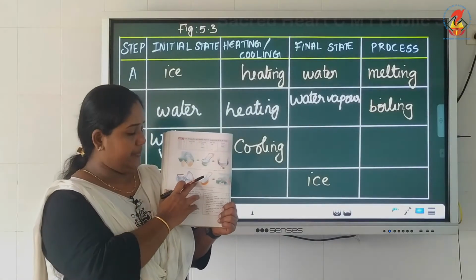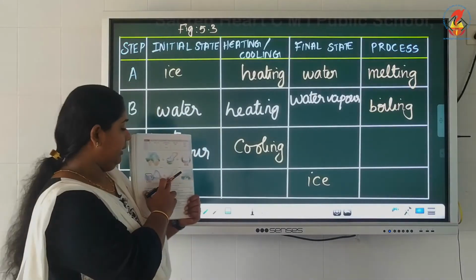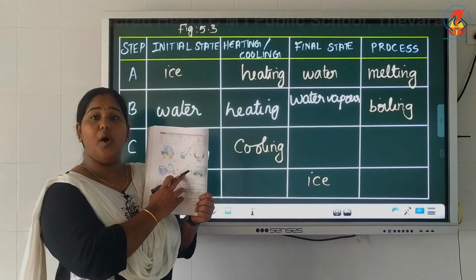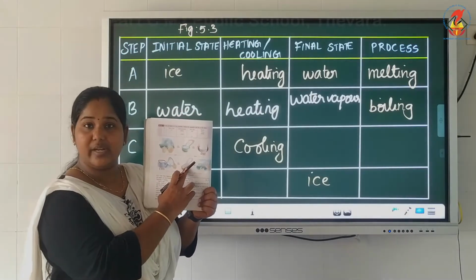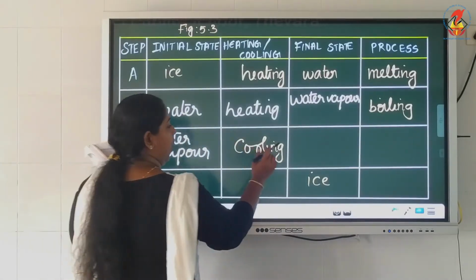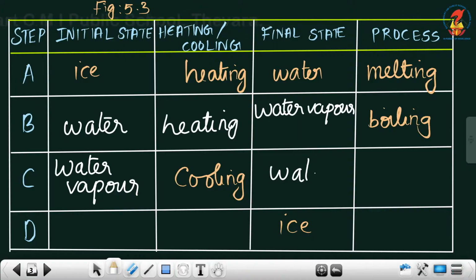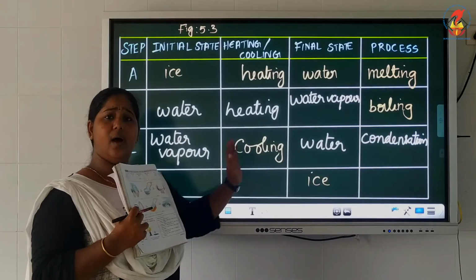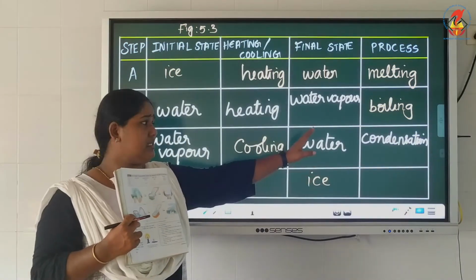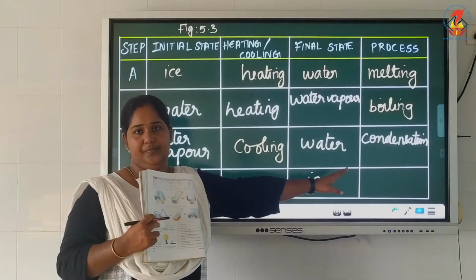So, water vapor on cooling gives you what? Water. The water is poured into the ice tray, isn't it? So, water vapor on cooling gives water, and that process is called, do you know what that process is? That process is called condensation. Water vapor cooled down into water is called condensation.